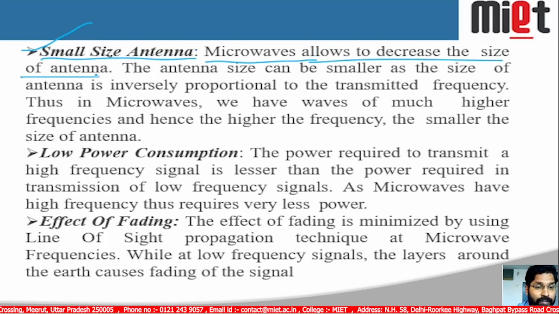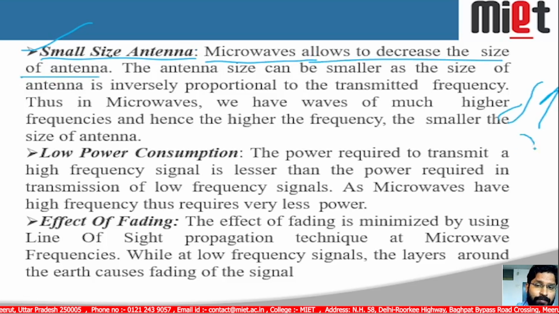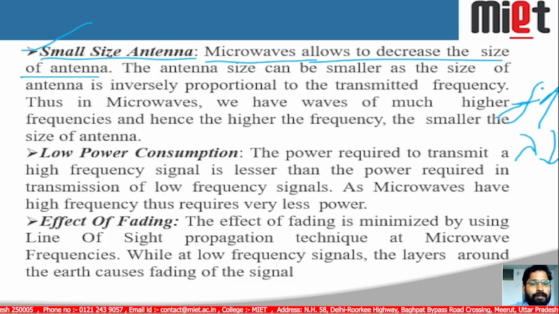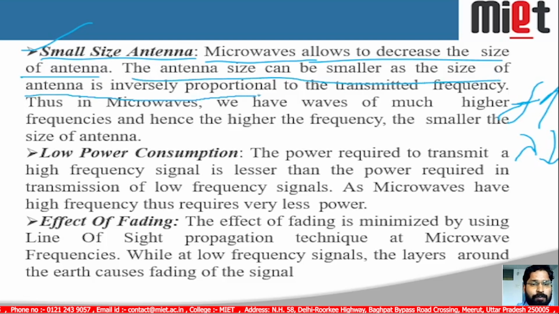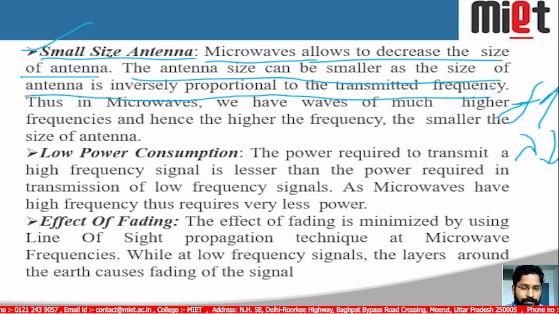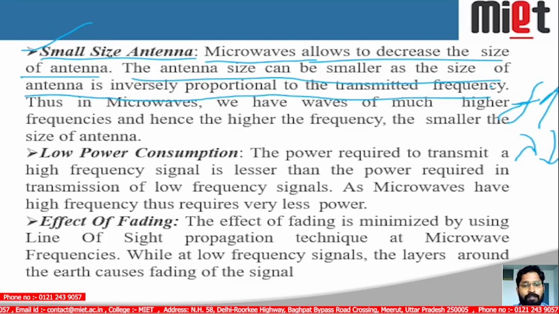Why does the size of the antenna decrease? As the frequency increases, wavelength decreases, and then the antenna size also decreases. The antenna size can be small as the size of the antenna is inversely proportional to the transmitted frequency.